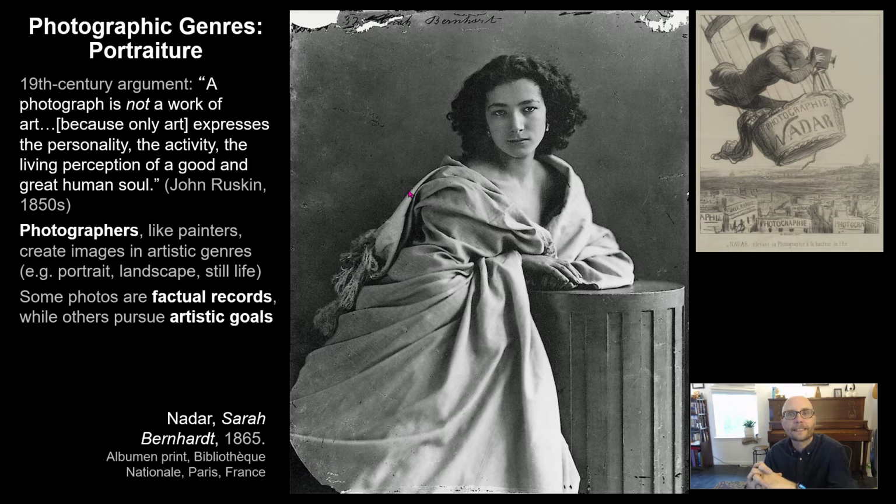But by this time, the exposure time has been whittled down to a matter of 10 to 20 seconds, depending on how much light is available. The more light you have, the shorter the exposure time. So you can hold a pose, it doesn't have to be for a very long time, to get your picture taken.